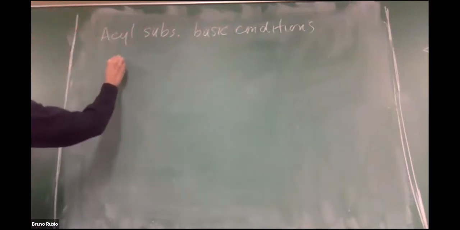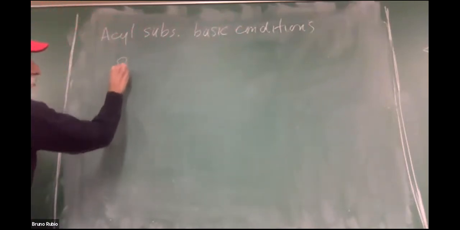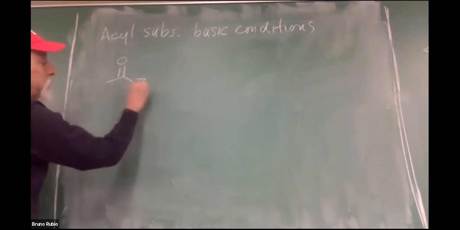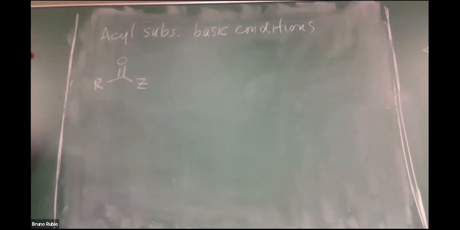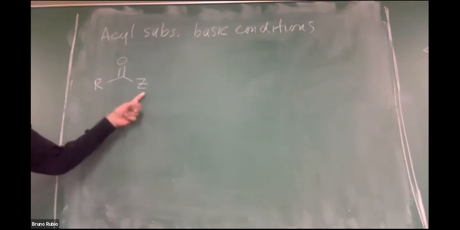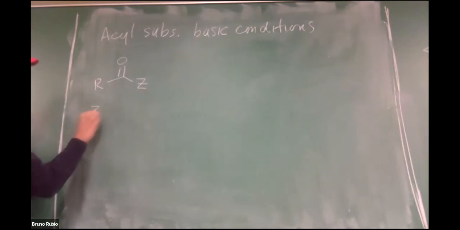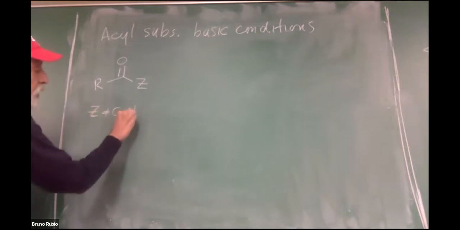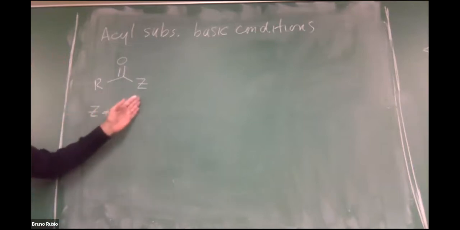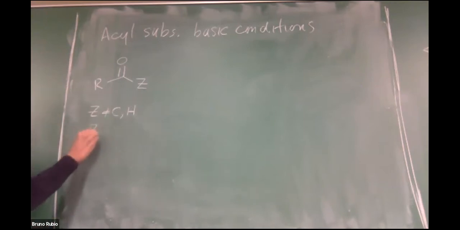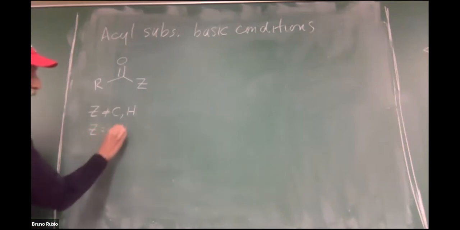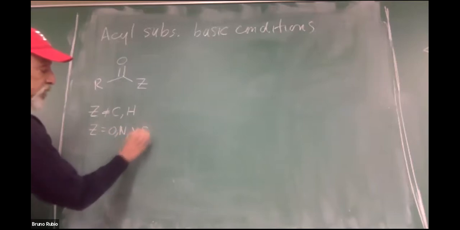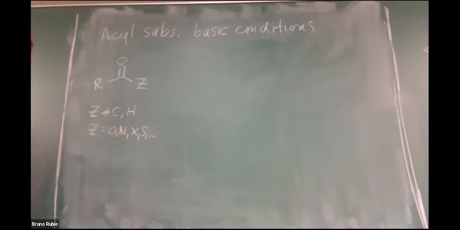So once again, we're going to be looking for an acyl carbonyl. That's a carbonyl carbon that's bonded to something that is not carbon and not hydrogen. I'm just calling that Z to keep everything nice and general. So Z can't be carbon, it can't be hydrogen. Z could be oxygen, nitrogen, halogen, sulfur, a bunch of stuff that's not more carbon, not hydrogen.